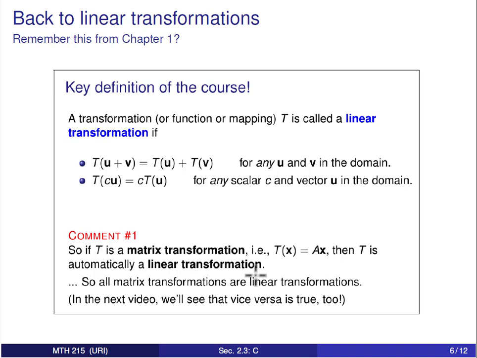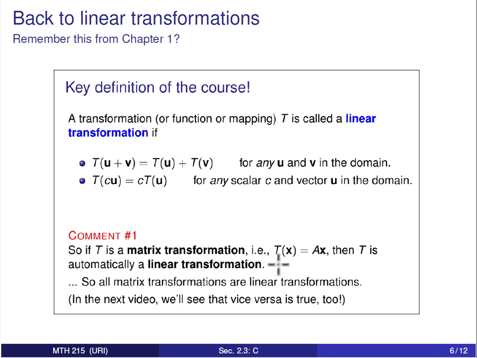And then at the very last section of chapter 1, we saw that any linear transformation can be written as a matrix times your vector. Okay, so there is a matrix which we call the standard matrix for every linear transformation.